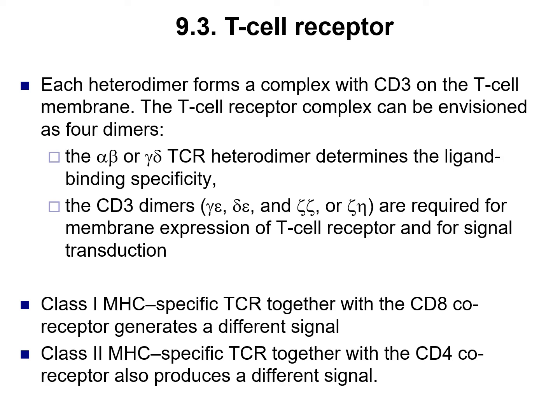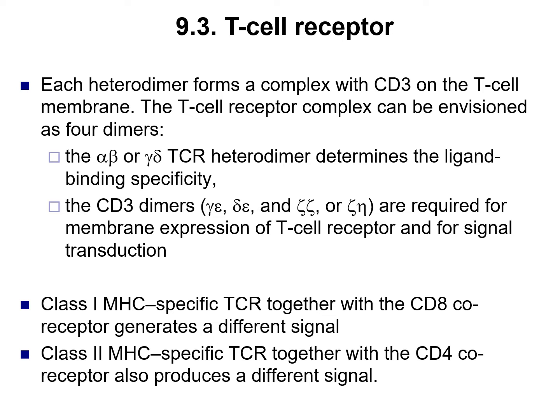The T cell receptor can be envisioned as alpha beta or gamma delta heterodimers. They are responsible for the antigen recognition that appears on the surface of the T cell.